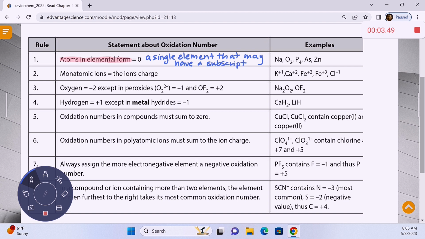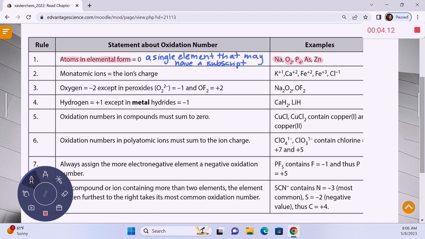Okay. They gave a few examples. For instance, Na would be elemental sodium, O2 elemental oxygen, P4 elemental phosphorus, As would be arsenic, Zn would be zinc. Okay? You cannot have a charge present. That would be an ion. Does that make sense? Okay?